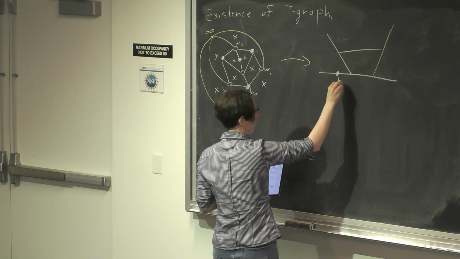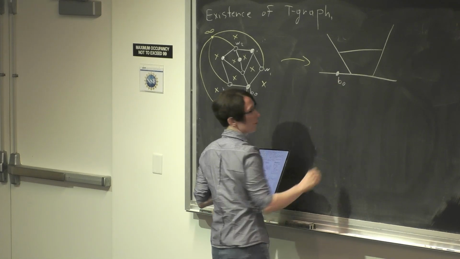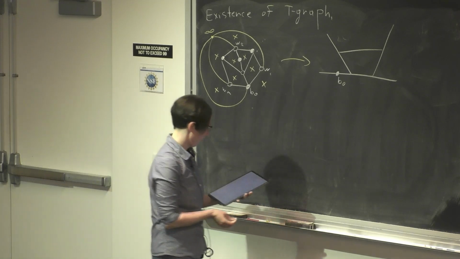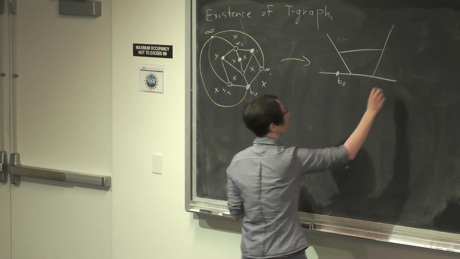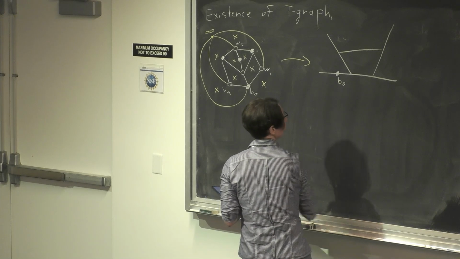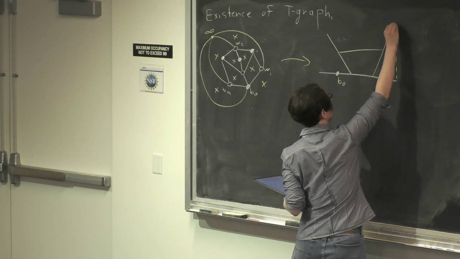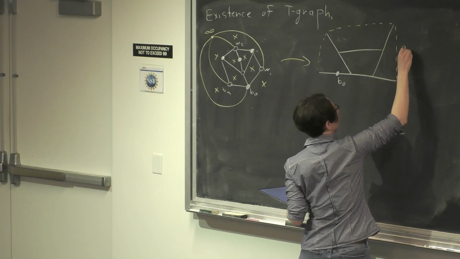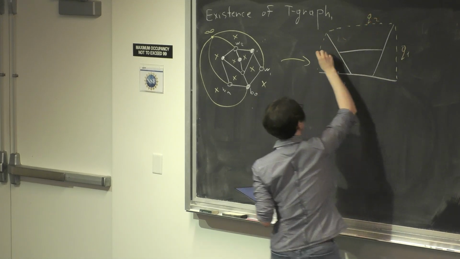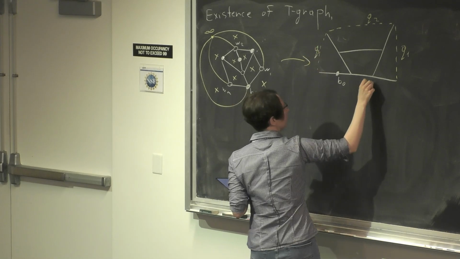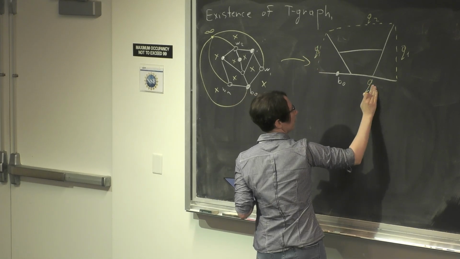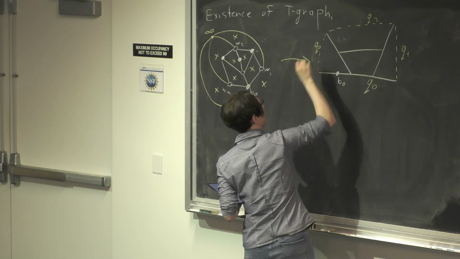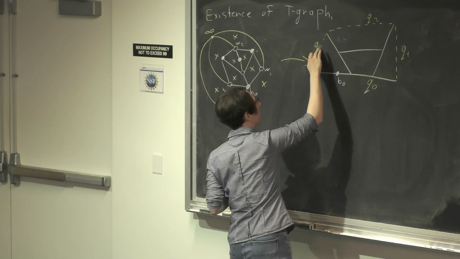And we're going to embed it into a convex polygon, a generic convex polygon with m+1 sides. Q0, this is going to be Qm.